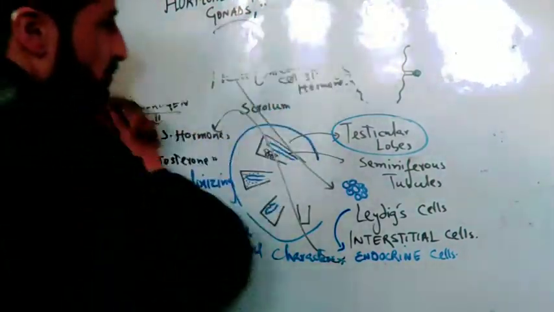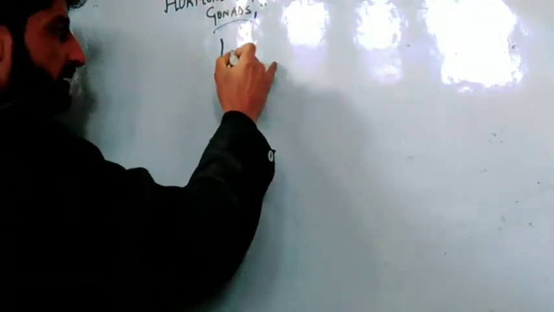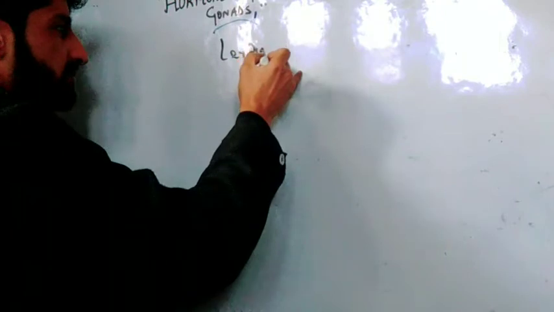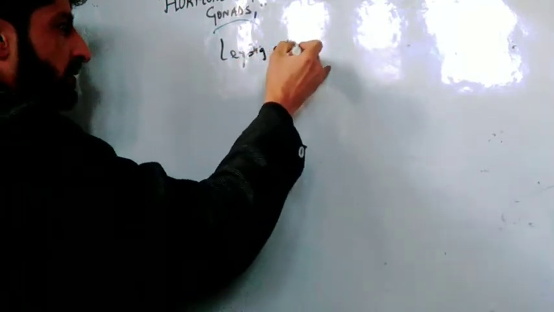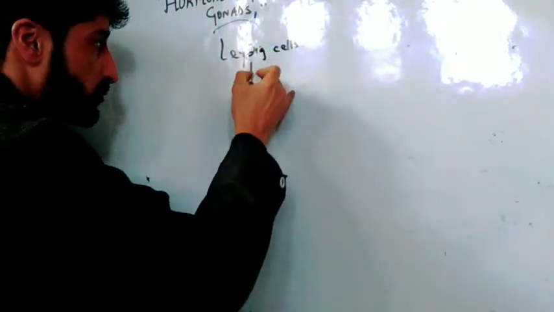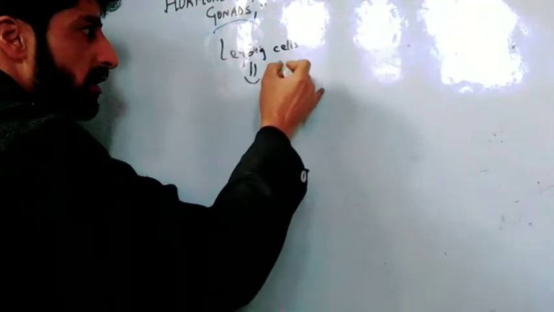Now, the next point. What I told is that there are Leydig cells. These Leydig cells produce steroid hormone.